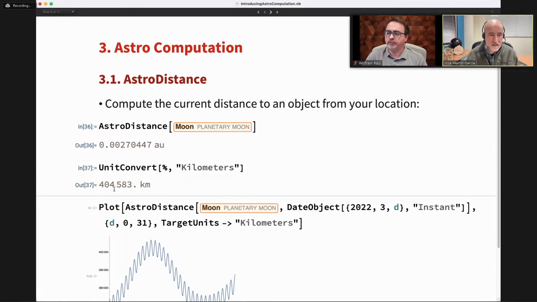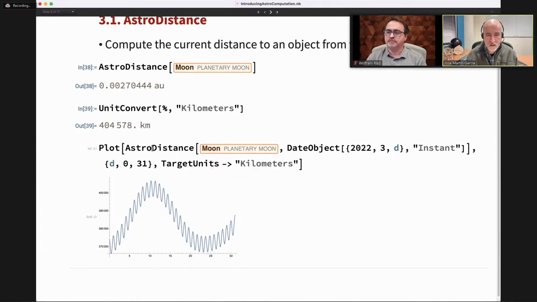We can convert it into kilometers, and this is something that is changing all the time, the distance from ourselves to the moon. Again, we can compute it for a variety of dates through this month, and that's what we see. Again, a combination of the motion of the moon itself and the rotation of Champaign around the center of the Earth.